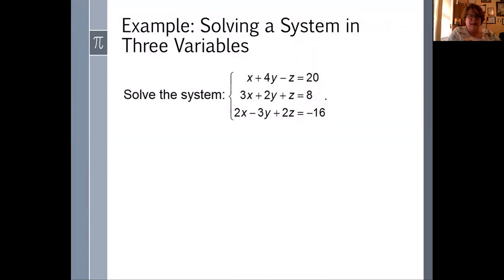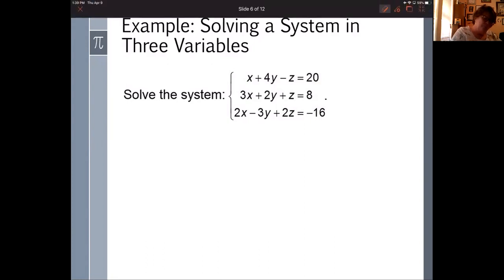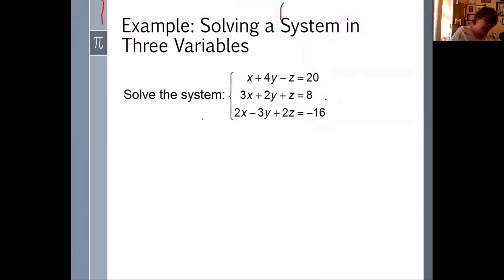So that's what I'm going to do. I'm going to pick the easiest variable for me to eliminate, and that appears to be z. So I'm going to add the first 2 equations together to eliminate z.